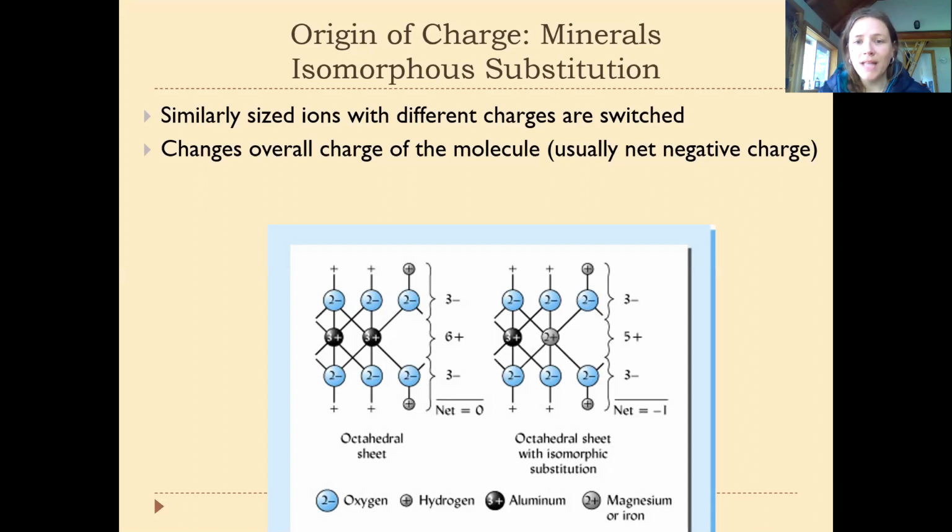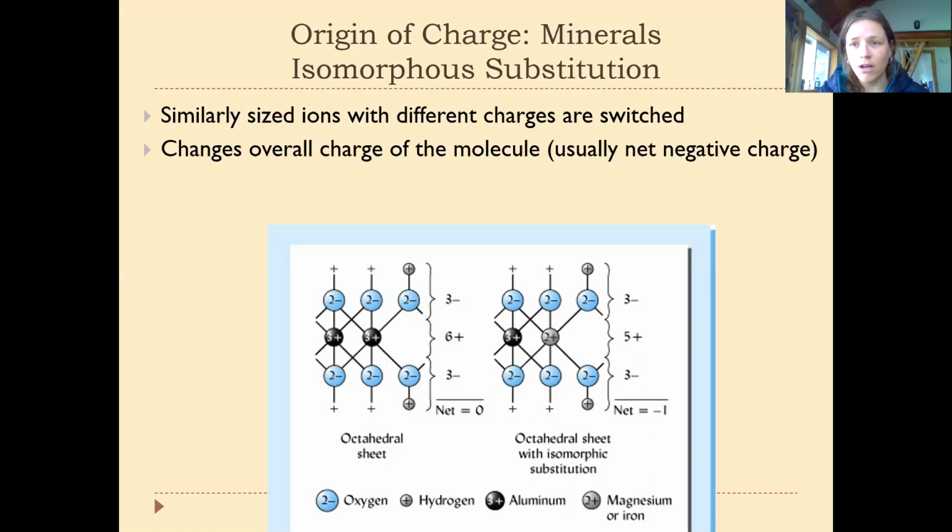However, when we replace the aluminum with the magnesium, all of a sudden we don't have as much positive charge as we did in the original structure. So now this isomorphous substitution has resulted in only 5 positive charges balanced with 6 negative charges. So now we have a net negative charge as a result of this isomorphous substitution.